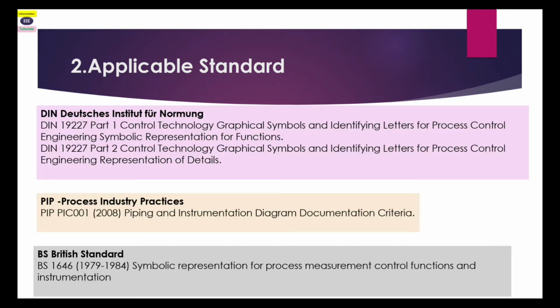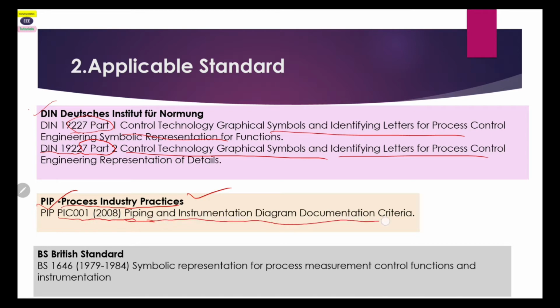And some other standards, DIN also 19287 part 1, DIN 19227 part 2, which is also generally standard used for P&ID. PIP, Process Industry Practice, which is actually PIC 001 2008, Piping and Instrumentation Diagram Documentation Criteria.